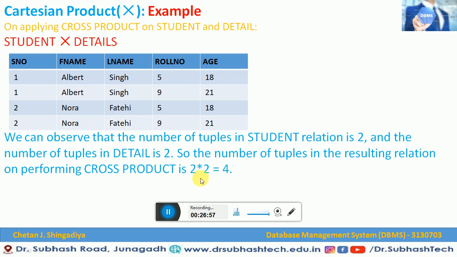If we are doing the cross product of those two relations, we get the final total number of tuples. So this is a simple understanding of the Cartesian product, or cross product, in relational algebra.